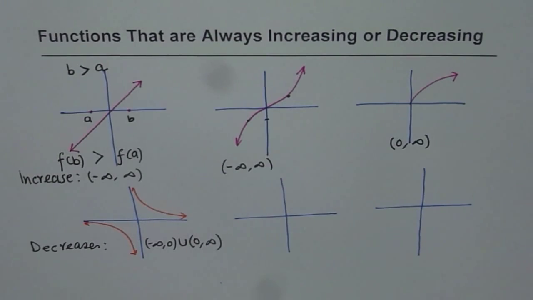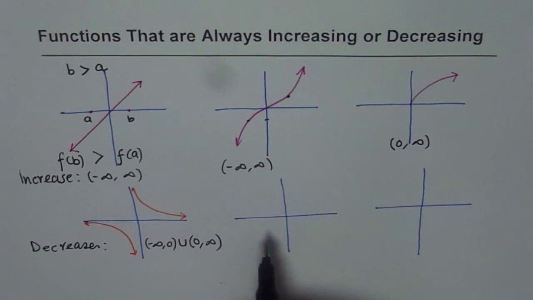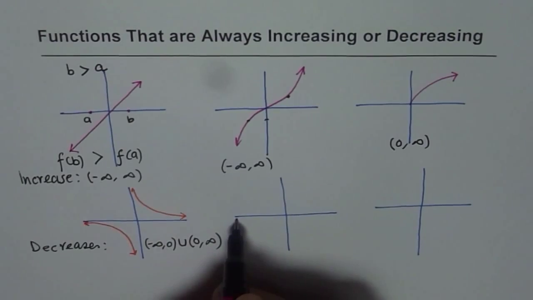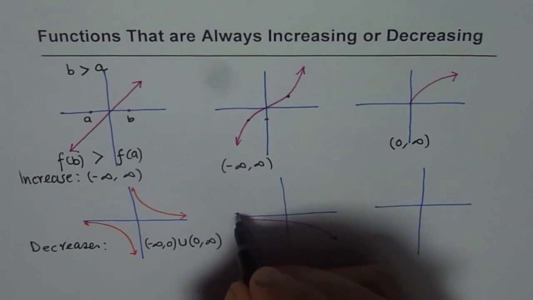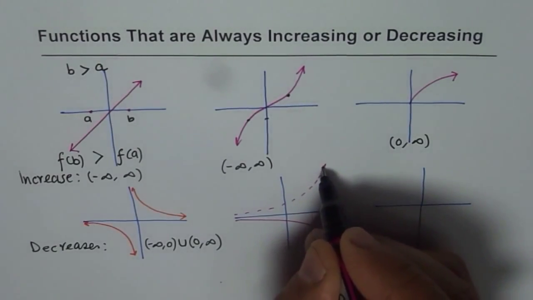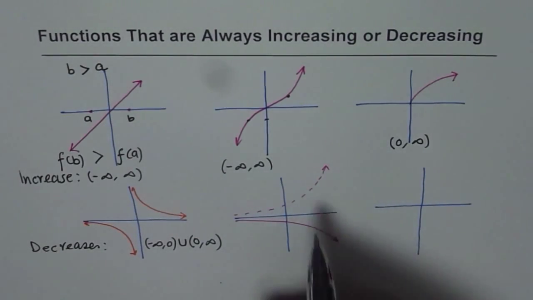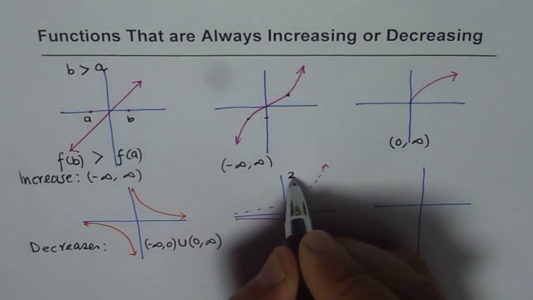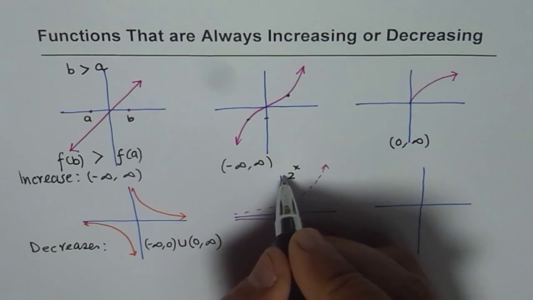There are a few other functions which are always increasing, but what I will do is, I will write them after reflection on the y-axis. For example, the exponential function when reflected. So let us say I have a function here which is 2 to the power of x but with a negative sign.